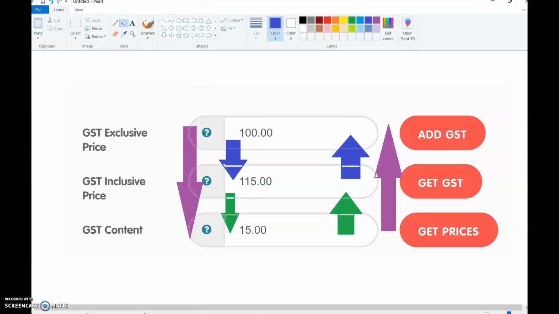So let's just have a look at that. If I get a little pen, okay, if we're going from the 100 to get the 15, this is the purple arrow, we need to times by 15 and divide by 100.